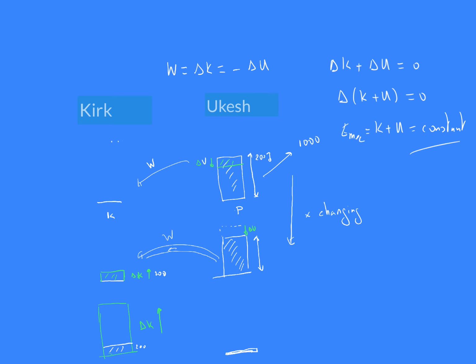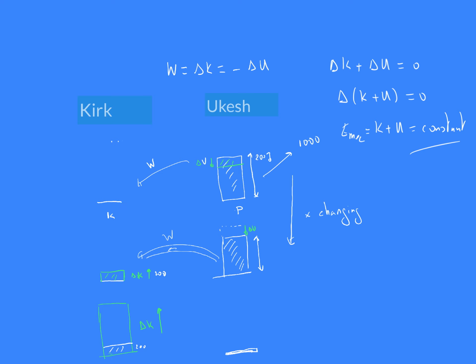To understand this principle, imagine that you have two accounts. Let's say account 1, the potential energy, U. Account 2, the kinetic energy. Let's say that you start in an initial condition where the kinetic energy is zero. There is no kinetic energy, so the object has velocity zero.